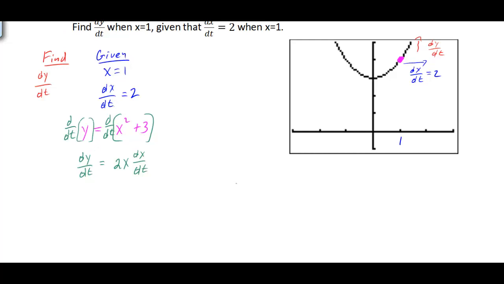We have x is 1, dx/dt, so we're looking for dy/dt, which we have here in the equation. And then we have 2 times x, which is 1. And then dx/dt, we know that is equal to 2. So solving this, we end up with an answer of 4.